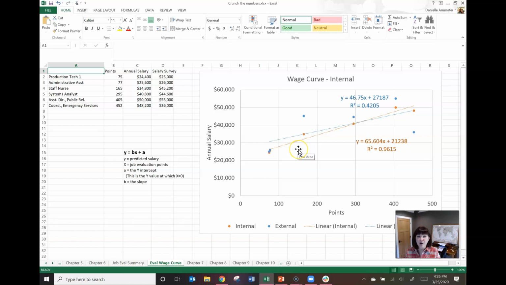On that data point, we are way off. If we wanted to match the market, we would put in the 165 points here, and we would come up with a different number.